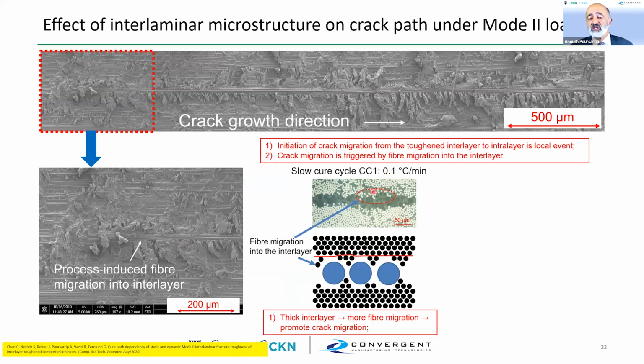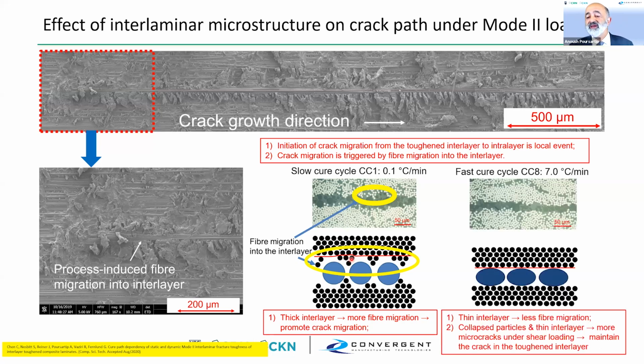A few fibers migrate into the interlayer, and these are important because they are going to promote fiber bridging, which will promote the interlayer crack migrating into the intralayer. So there it is, zooming in, showing it to you. This does not happen with the thin interlayer because the interlayer becomes saturated and you can't get enough fibers in there for fiber bridging.